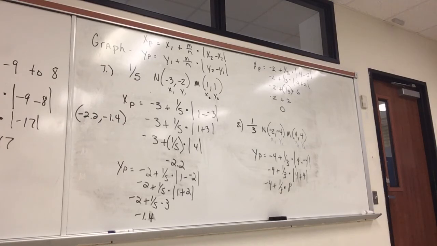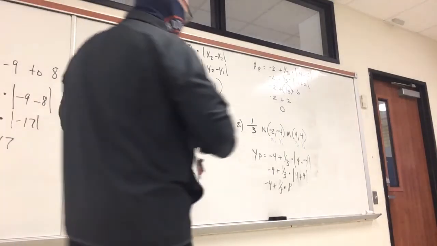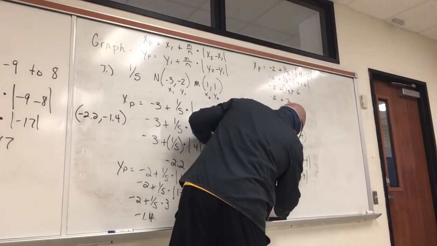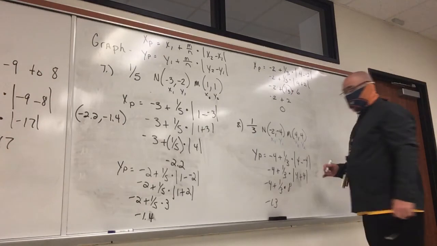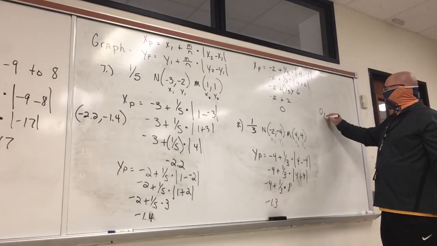Negative 4 plus parenthesis 1 divided by 3, close parenthesis, times 8. I got negative 1.3. Is that what y'all got? Negative 1.3. Okay, so my answer is 0, negative 1.3.